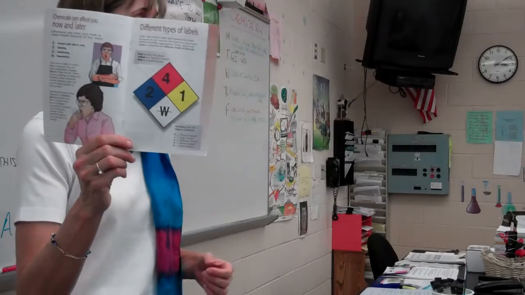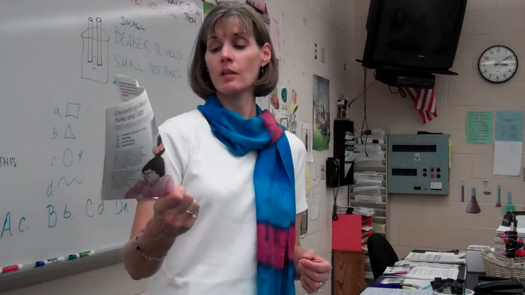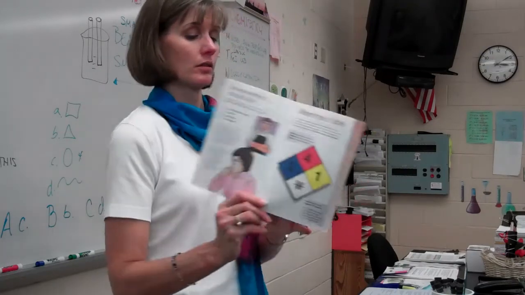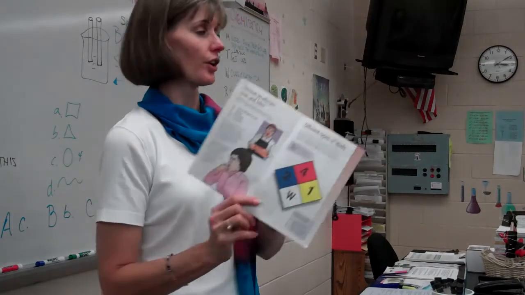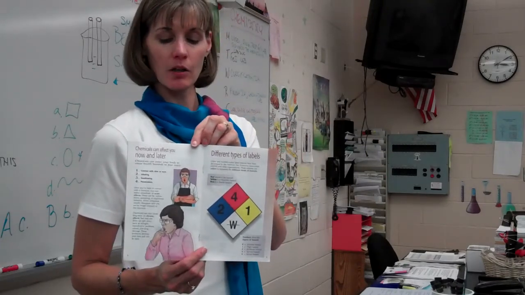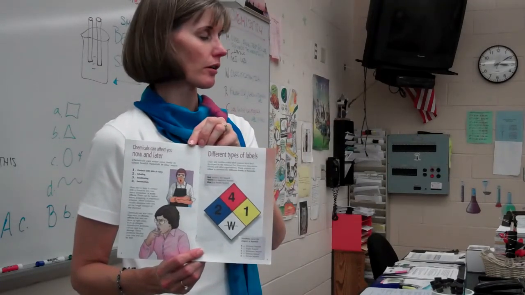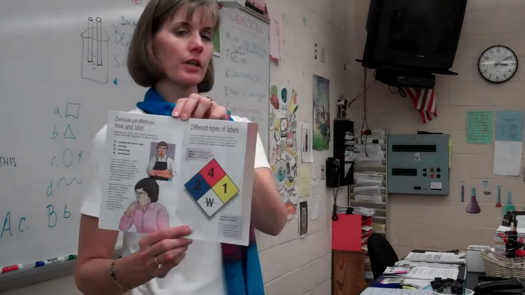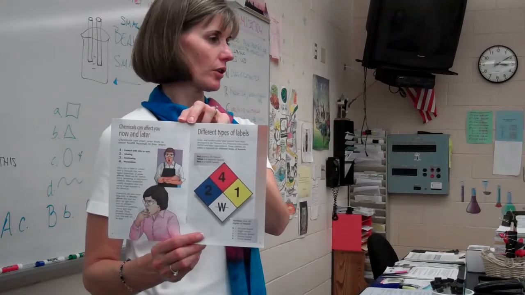And we have anything from 0, meaning minimal hazard, all the way up to 4, which is severe. Okay? So we have a number ranking code from 0 to 4: minimal, slight, moderate, serious, and severe.